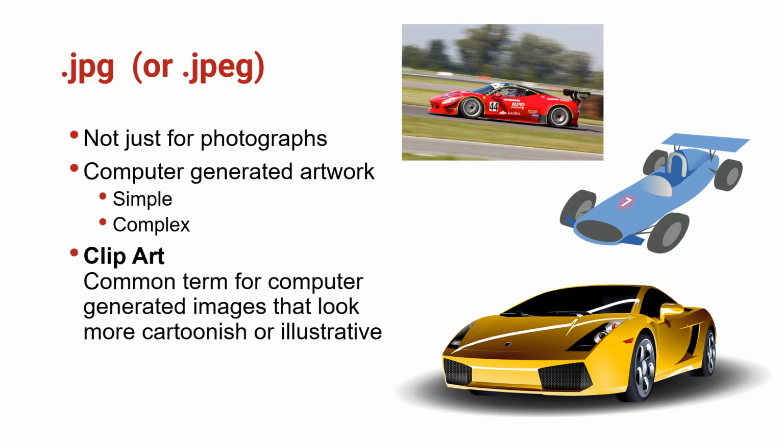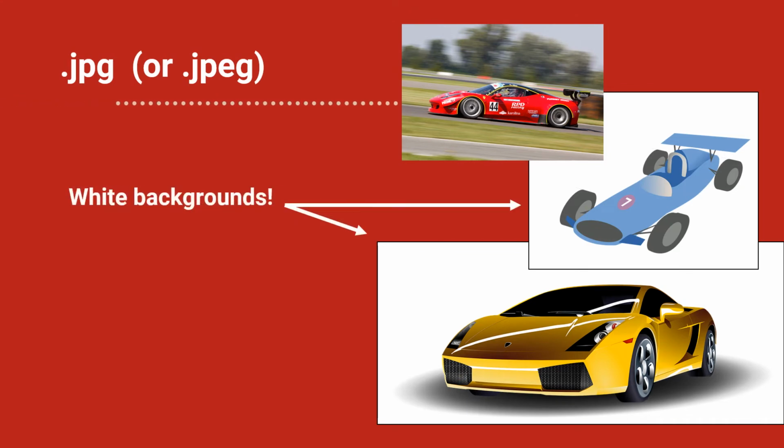They are more cartoonish in appearance than true photographs. The JPEG file is truly the most utilitarian of all the file types. However, it does not support transparency. So the race car clip art images you see here actually have white backgrounds behind them, not transparent.